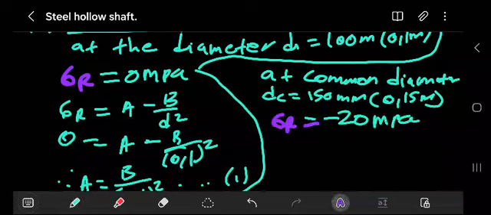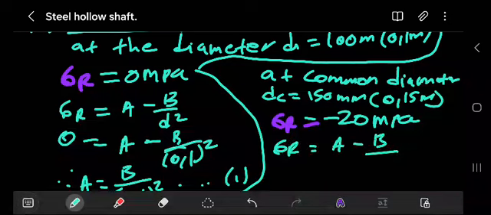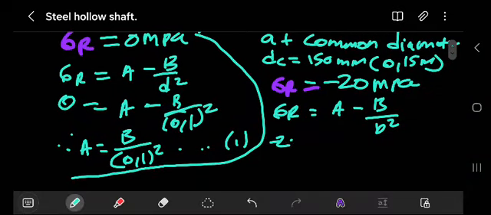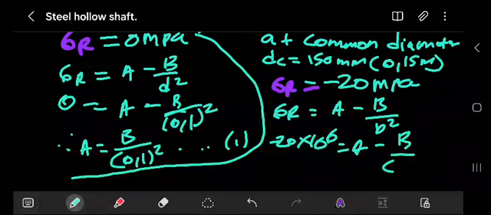What is radial stress? We know that radial stress is simply A minus B over d squared. Radial is minus 20 times 10 to the power 6. We don't know the value of A or B. Diameter 0.15 squared.